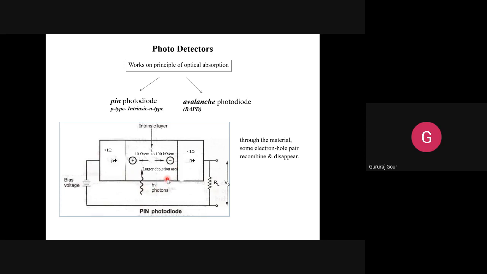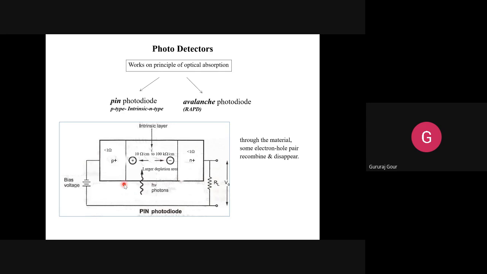We want more absorption area to absorb more photons, so this intrinsic layer acts like a depletion layer. It is meant for absorbing more photons, and we keep it larger by having larger resistivity or less conductivity. Remember, these aspects are very important.